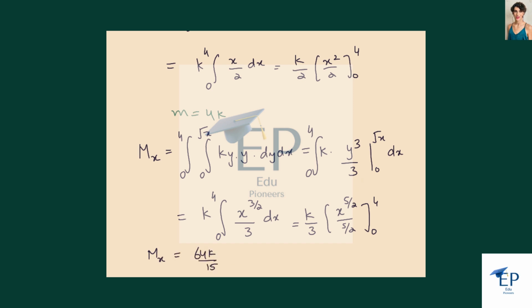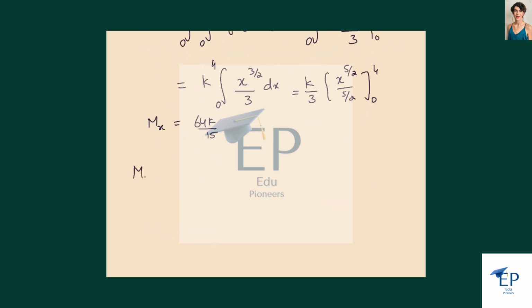Next, solving for My, it will be equal to the integration from 0 to 4, integration from 0 to root x, of k times xy, dy dx. This equals k times the integration from 0 to 4; integrating with respect to y, we get x times y squared by 2, limits from 0 to root x, dx.